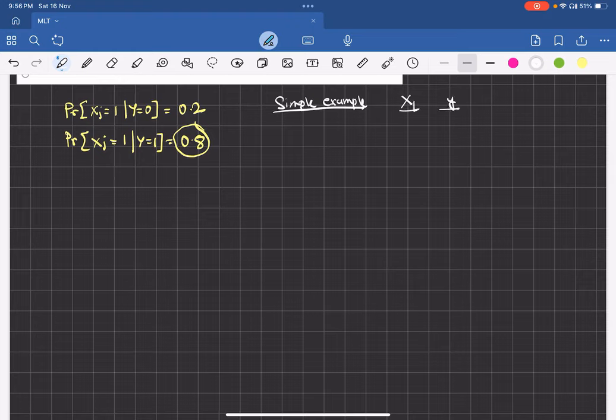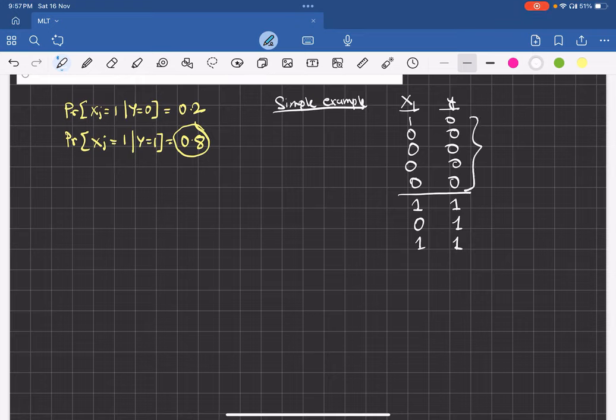Suppose we have these data points: 1 0, 0 0, 0 0, 0 0, 0 0. So these are the data points we have, and then we have data points 1 1, 0 1, again 1 1. Something like that, random data points. So why did I write so many zeros here?